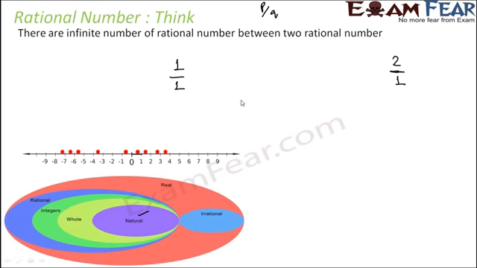Now let's see how many rational numbers I can have between 1 and 2. Between 1 and 2 I can have 3/2. 3/2 is between 1 and 2, right? 3/2 is 1.5.